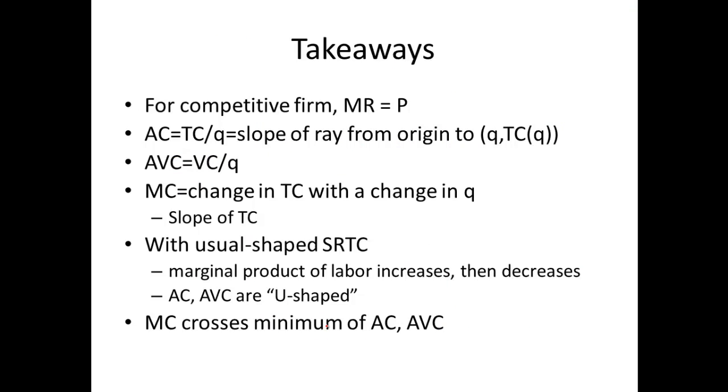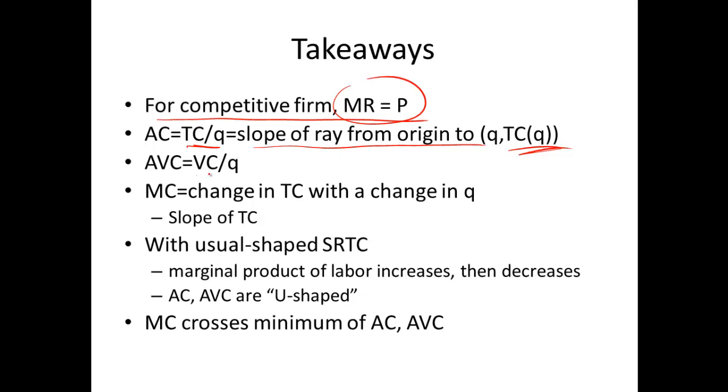All right. Well, there's been kind of a mouthful here, but let's talk about what we've tried to learn. There are a few takeaways here. One is that for a competitive firm, the marginal revenue just equals the price. Second, AC equals just the total cost per unit of output, and we can represent it as the slope of a ray from the origin to any point along that total cost curve.